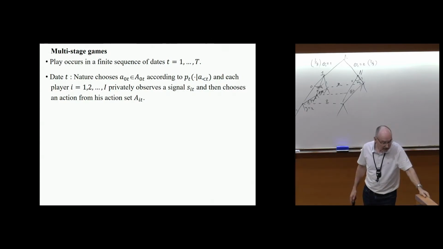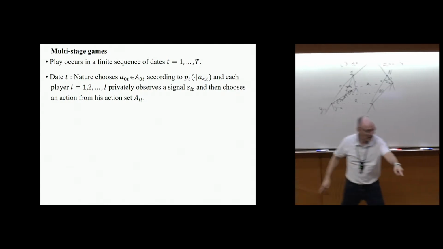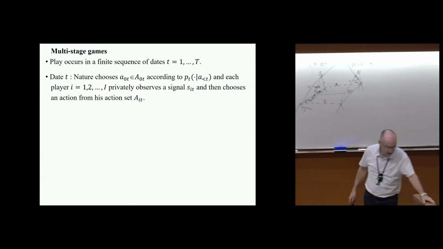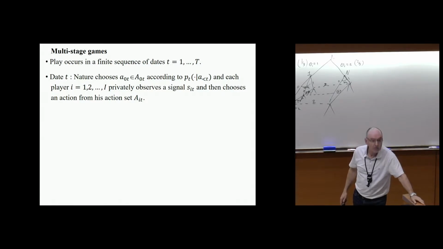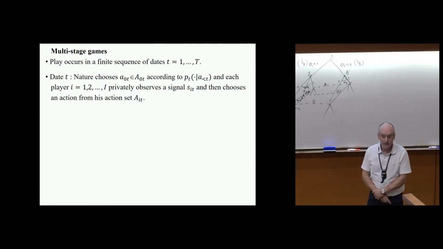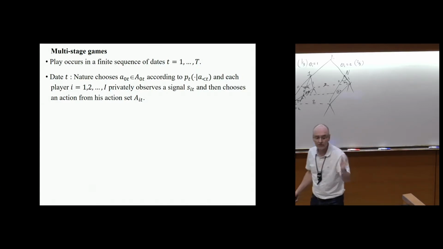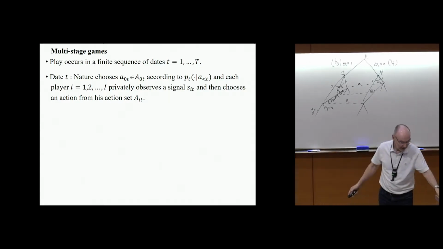Also at date t, the players, I guess I used n over here, but it's capital I actually in the paper, privately observe a signal. We'll say where those come from in a moment. It's called S_it. So player i at date t observes a signal, S_it, and then chooses an action from his action set A sub it. We can talk about allowing action sets to depend on the histories, but not right now.